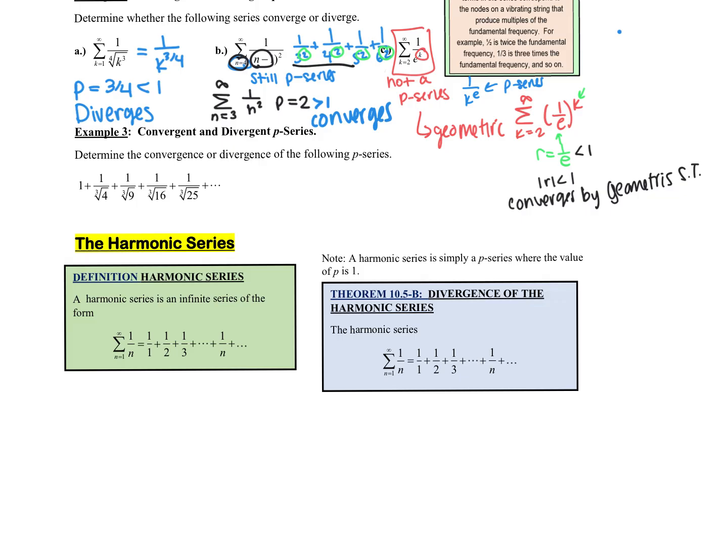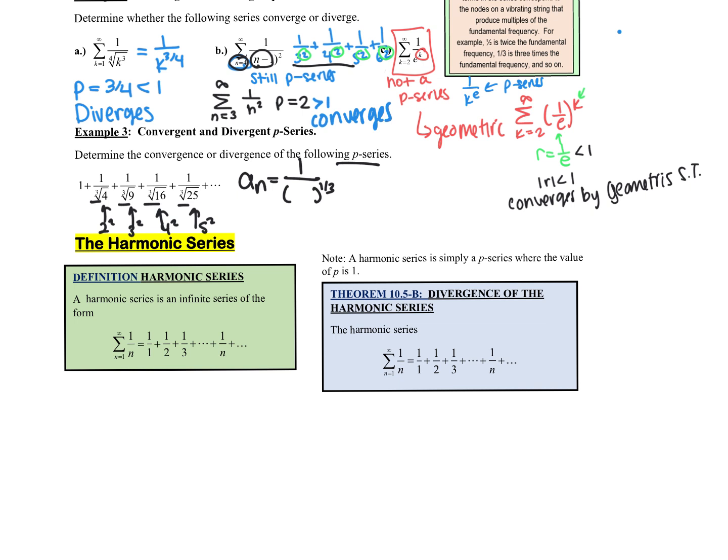So one more example here. We have a series, and we need to figure out this is a p-series. It tells us that, but why? So we need to kind of write the general formula for this. So you can definitely see that we have a 1 in the top for every term, and each term has a cube root. So we definitely know this is being raised to the 1/3 power. And these numbers inside are all perfect squares, right? So this is 2 squared and 3 squared and 4 squared and 5 squared.